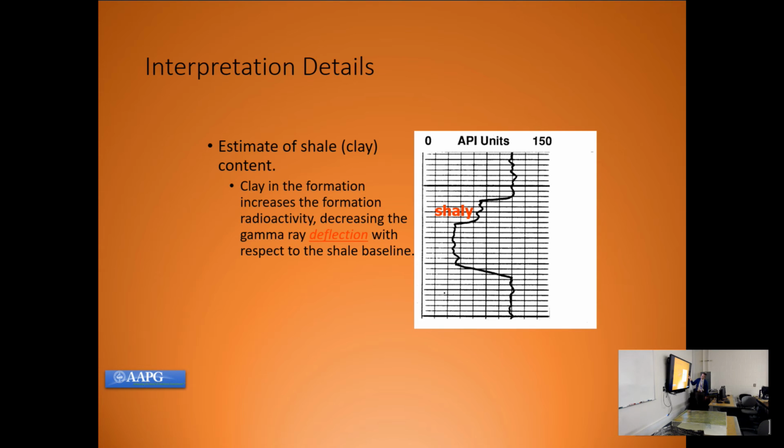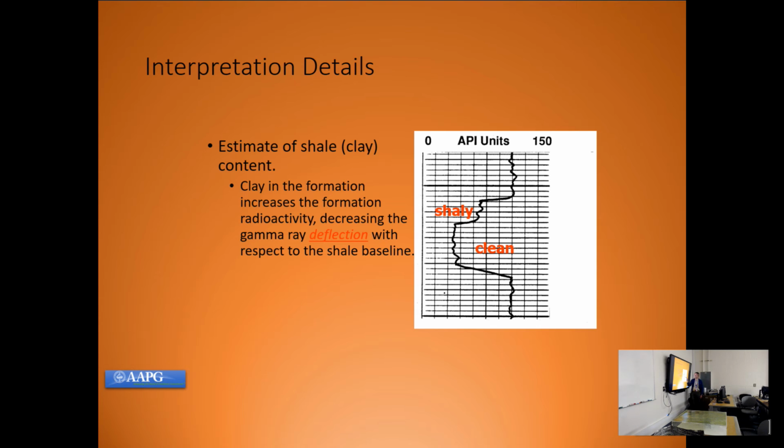But what you notice is that there's a deflection here, but not so much of a deflection here. So little changes in the deflection represent changes in shale content if you have sandy shale. Small variations just represent maybe clean versus shale.